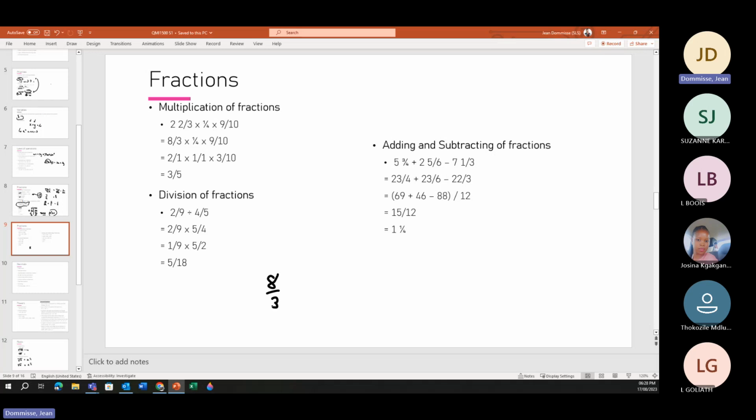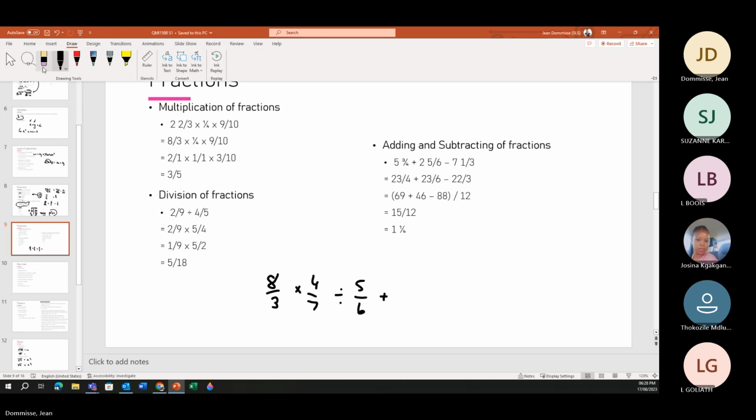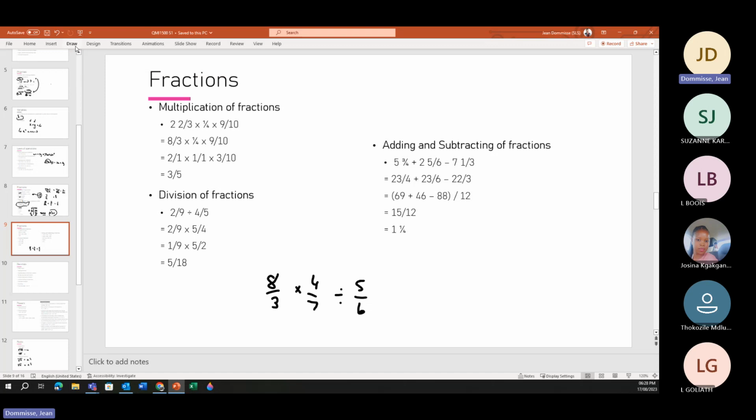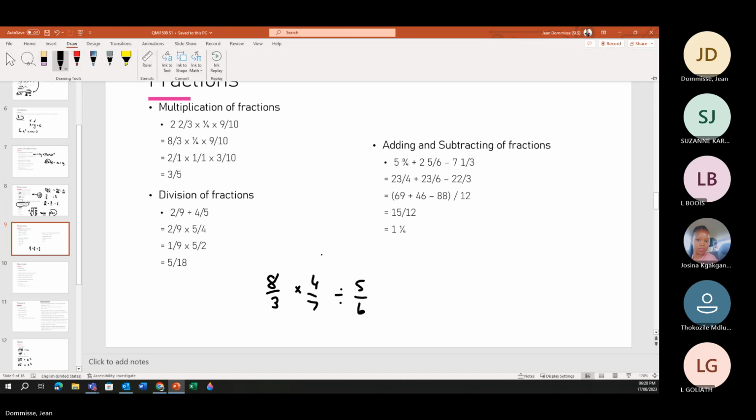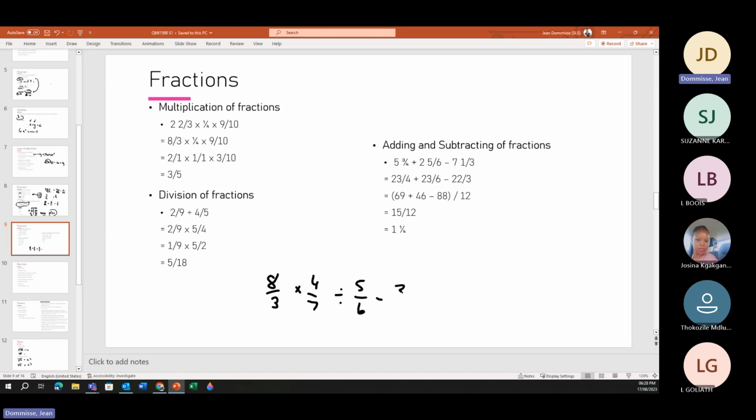They give you multiplication, they give you a division one, and they might even give you one where you need to subtract as well.